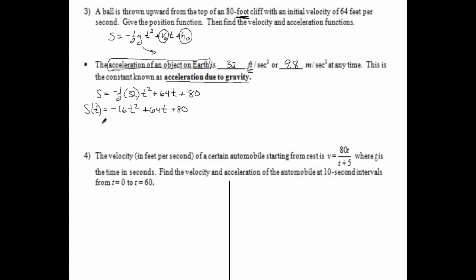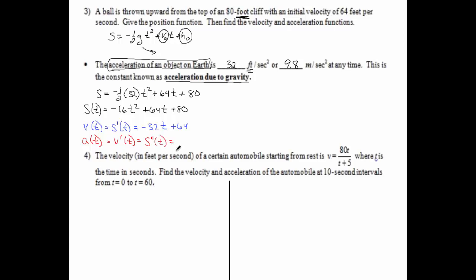If we want to find velocity, remember from the last page, we want to take the derivative. So the velocity function, or v of t, is the derivative of the position function, which will be negative 32t plus 64 plus 0, but we'll leave off the 0. And finally, acceleration is the first derivative of the velocity, which is the second derivative of the position.